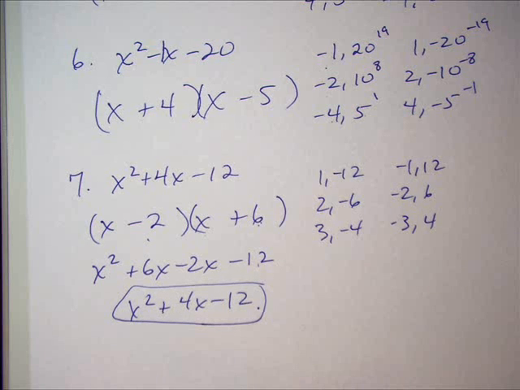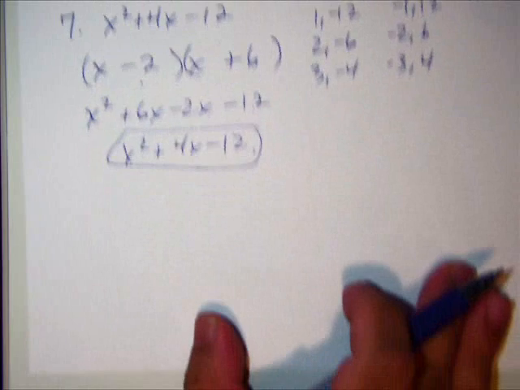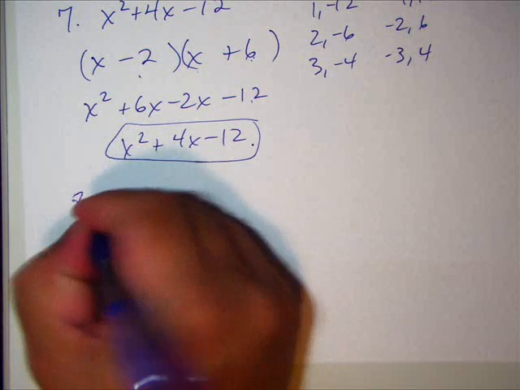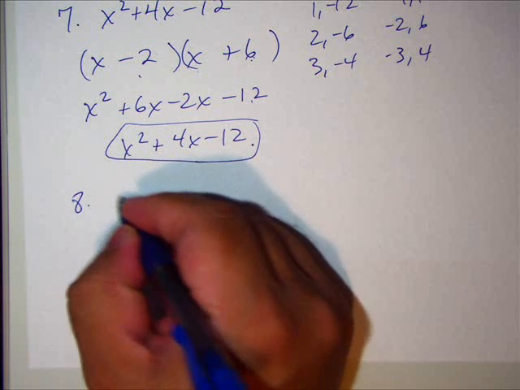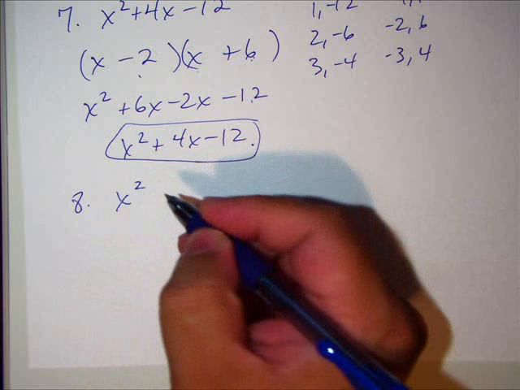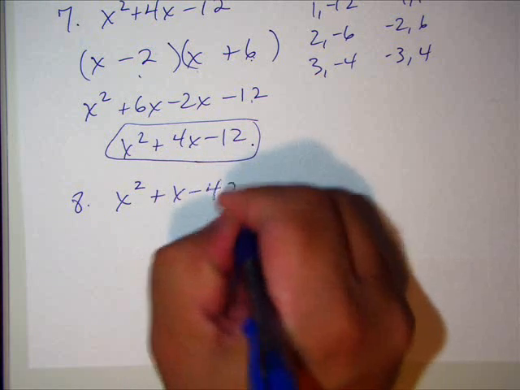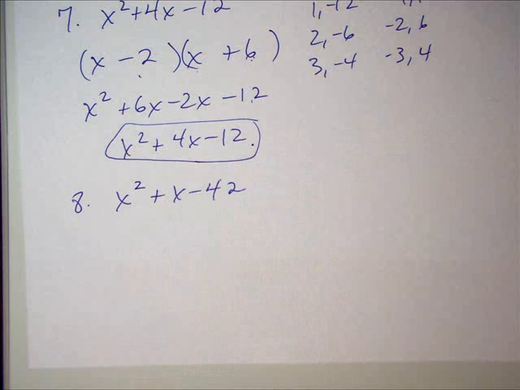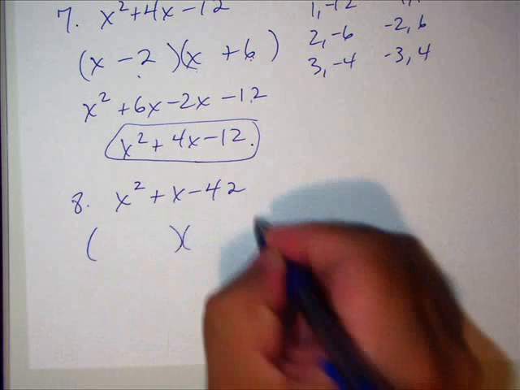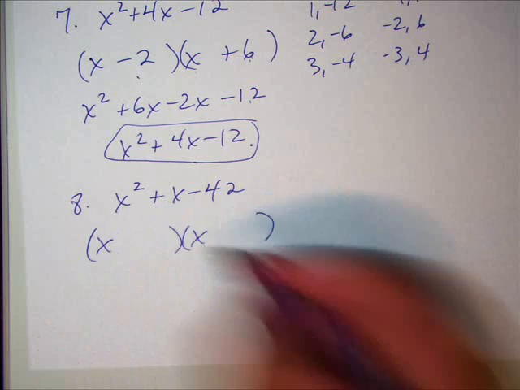Okay, now I'm going to do number 8. Number 8 is very similar to numbers 6 and 7. It's very similar to number 6. If you want to pause the video and try it on your own, go ahead. Here we go, x squared.